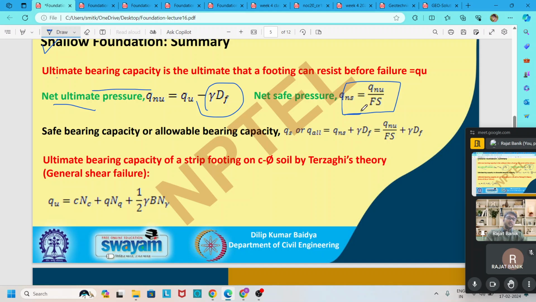We use a factor of safety to reduce the uncertainty of the soil condition. At the present moment the soil may be reacting in a very good way, but due to some earthquake, seepage, or rising of the groundwater table, the bearing pressure or strength of the soil may be reduced.